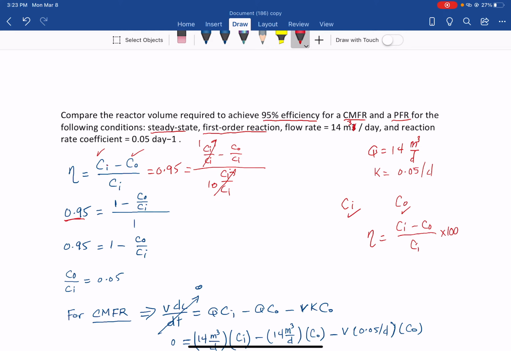Rearranging the equation, C out over Ci is equal to 0.05.